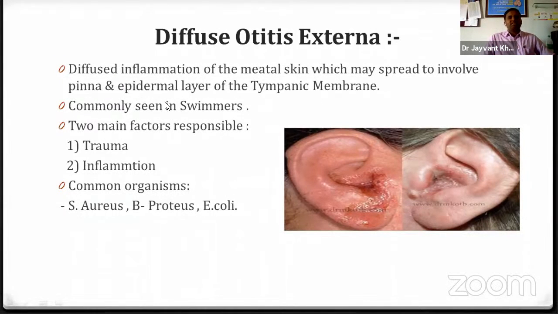Commonly seen in swimmers. Two main factors responsible: trauma and infection. Common organisms are Staphylococcus aureus, Proteus, and Escherichia coli.